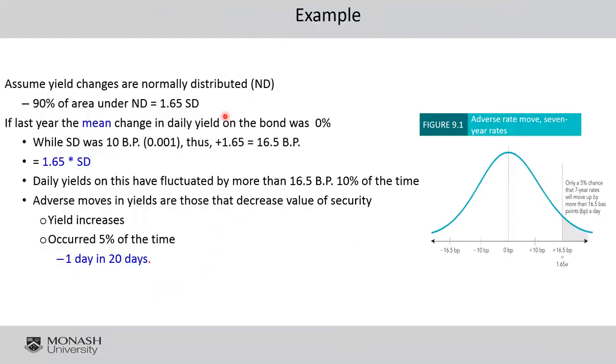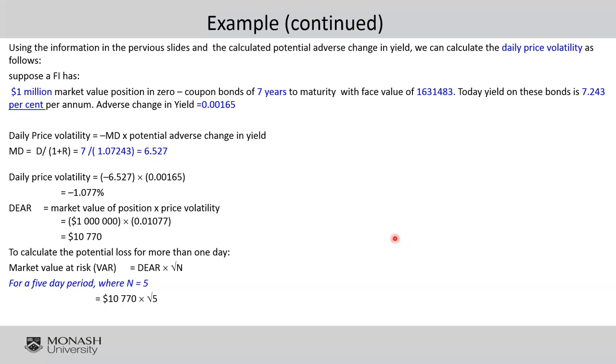I got it from the previous slide, which is this area: the standard deviation times the Z value, which is 16.5 basis points. Now it's easy for me to calculate the daily price volatility, which comes from the formula: modified duration times the potential adverse move. I have the potential adverse move.